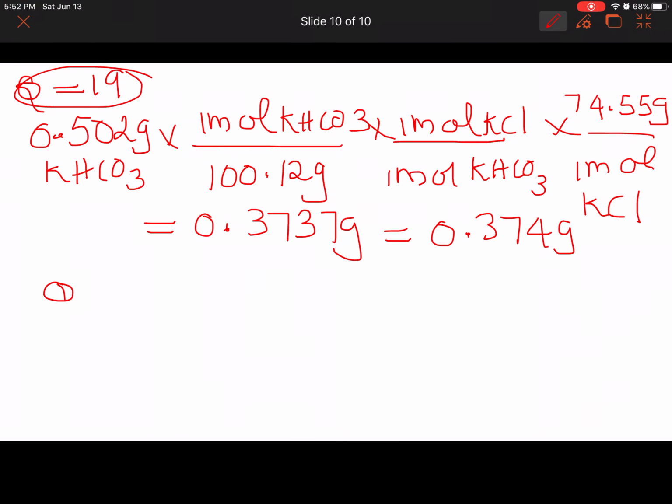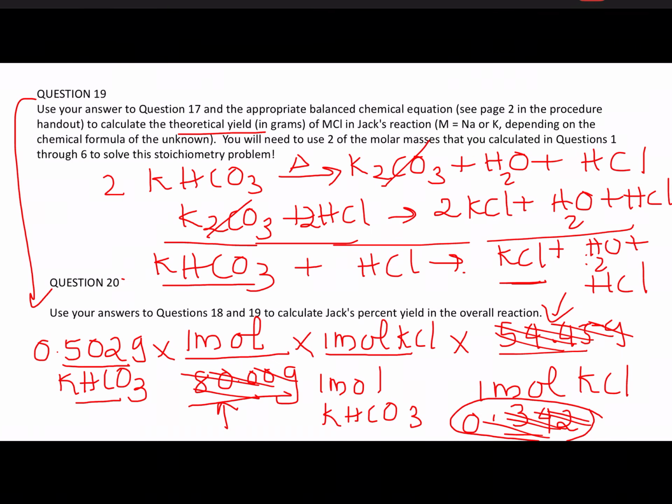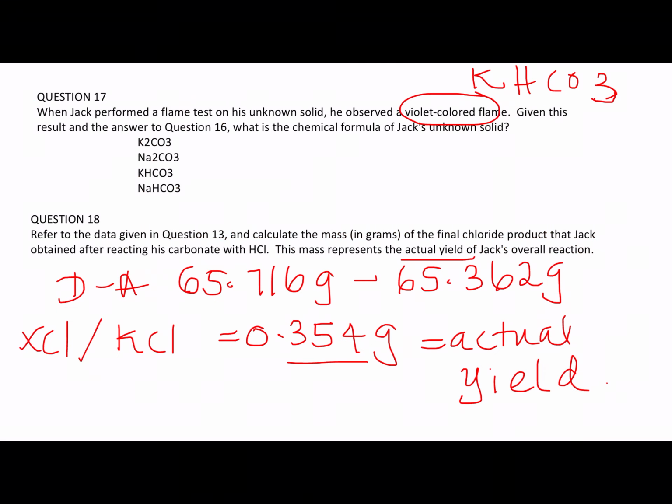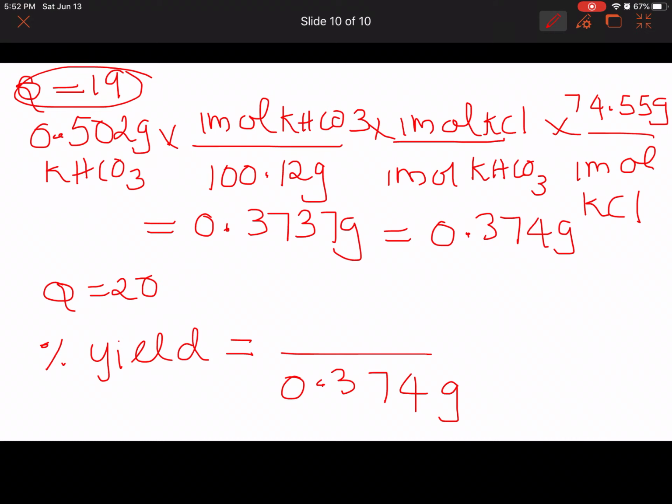So the percent yield is going to be your actual yield over theoretical yield, which is 0.374 grams, and then the actual yield we found somewhere, actual yield 0.354 grams times 100.